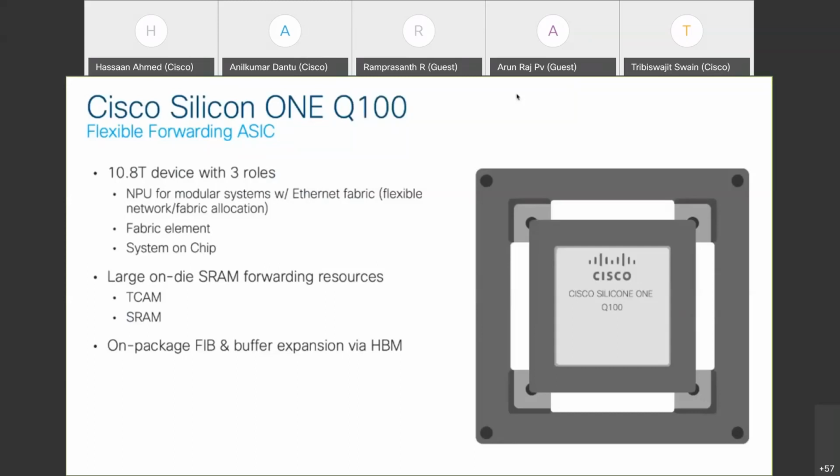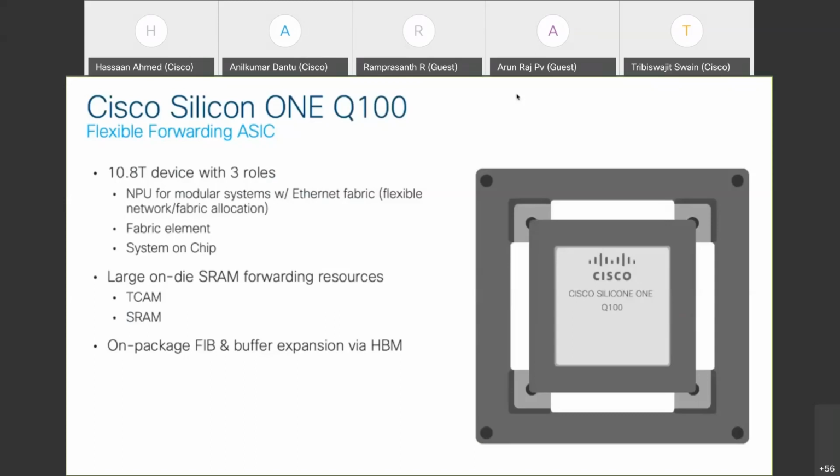Apart from this, you can use the same Cisco Silicon One ASIC in a line card, where it can do dual roles. It can act as a network-facing interface, and it can also act as a fabric-facing interface. In earlier products, you used to have separate chips for the NPU and separate chips acting as the FIA. Here a single chip does that role.